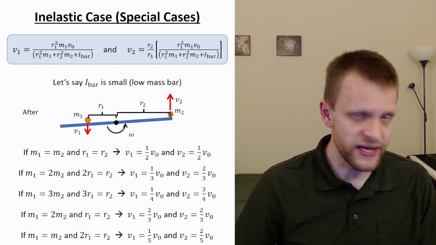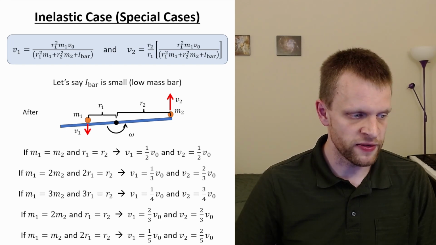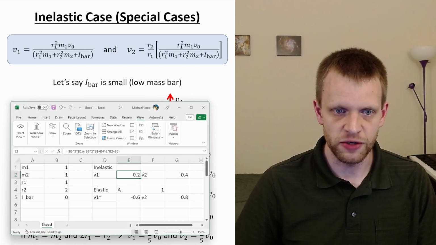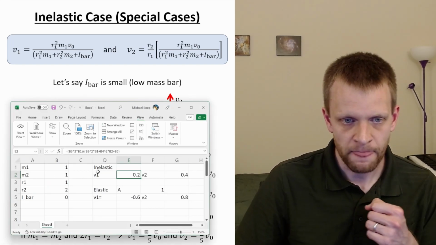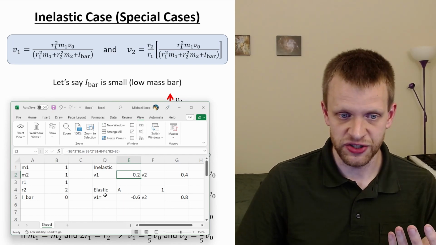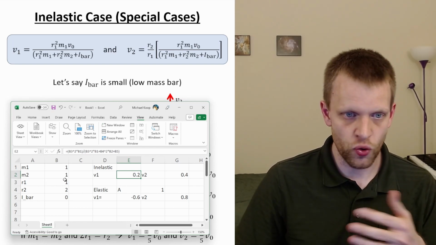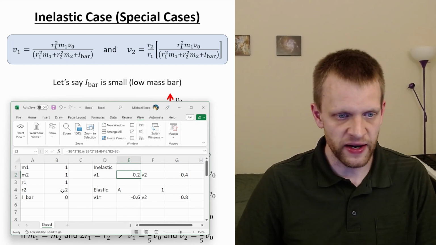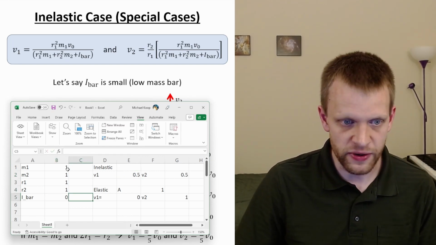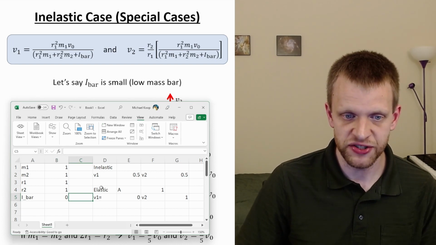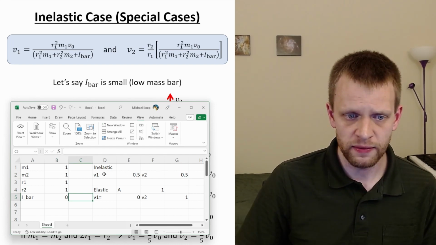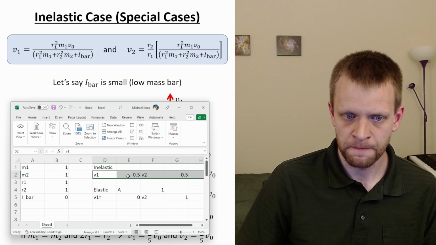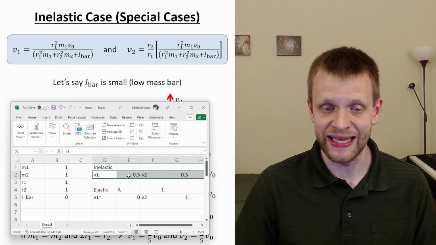To make this a little easier to work with, I've put together a quick little Excel document that goes through these calculations. This is something we'll use when I do the data analysis. If I have the same masses and same distances, what these cells calculate is what happens in this inelastic case.